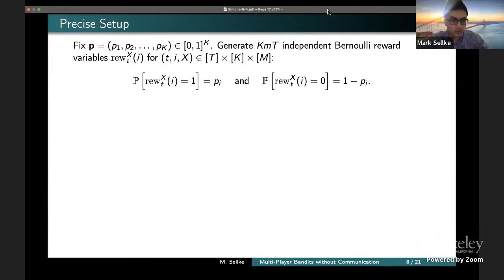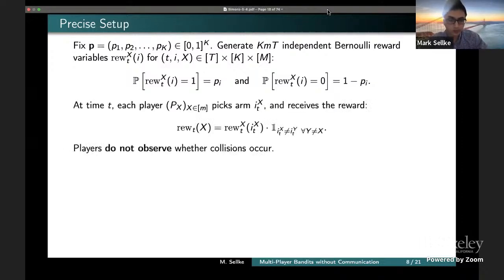So here's my setup. I'm going to have my unknown reward probability vector. I'm going to have independent Bernoulli reward variables for any arm and every time, even every player. At any time, if a player chooses an arm, they receive a reward, which is given by the underlying Bernoulli random variable times 0 if they collided with someone else.